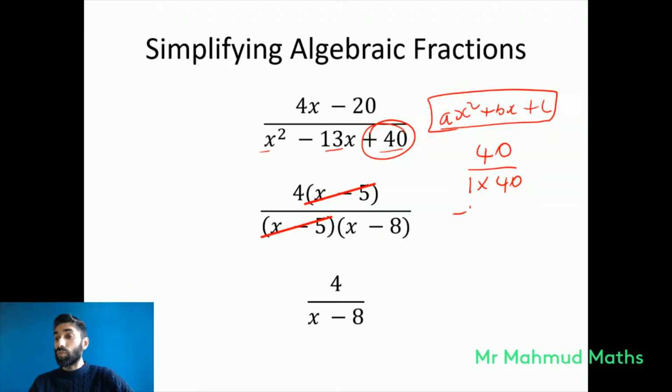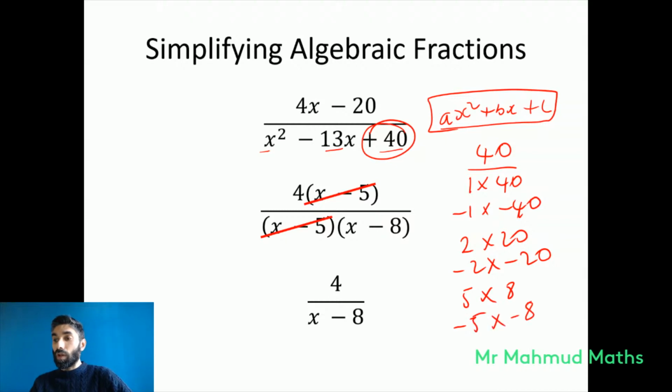So minus 1 times minus 40. You can probably think of the two numbers, but I'm listing them so that we know what we're doing. 2 times 20, minus 2 times minus 20. Then we have 5 times 8, minus 5 times minus 8.